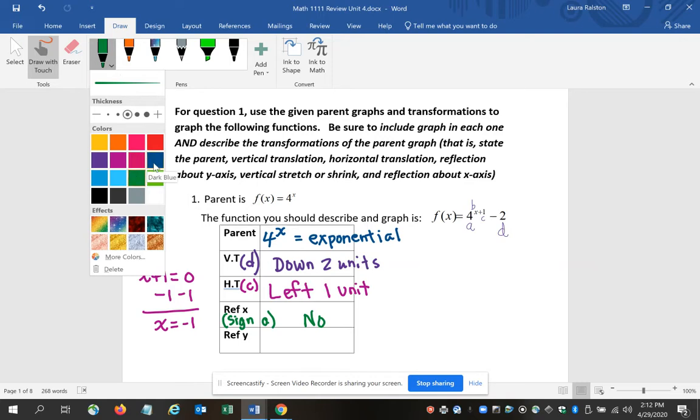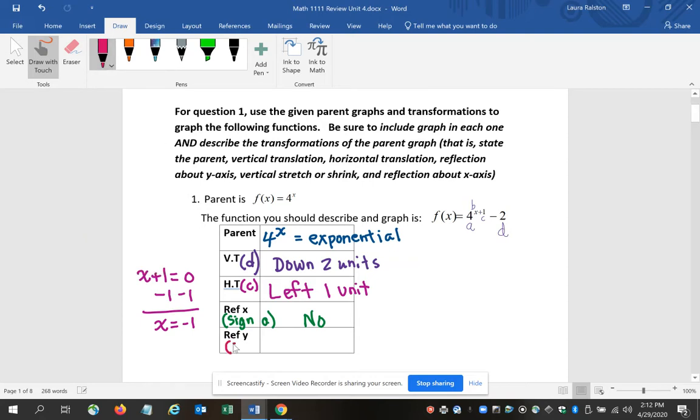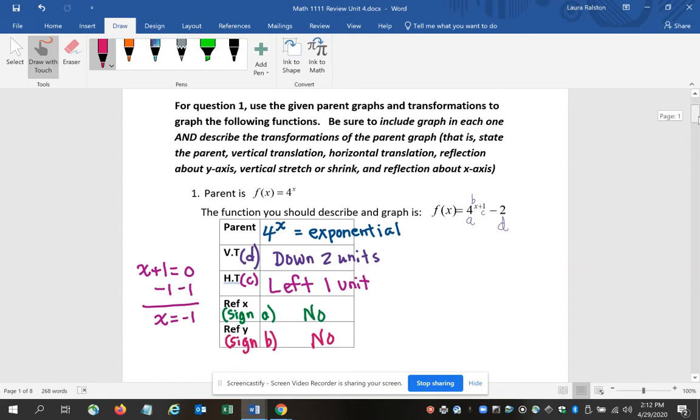And then finally, you have the reflection on y, which is determined by the sign of B. Again, in this scenario, B is positive, so there is no reflection on the y-axis. And again, I mentioned to you in respect to exponential and logarithmics, there will be no vertical stretch or shrink. There could be, but we didn't get that detailed about it.